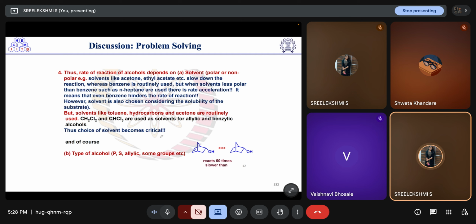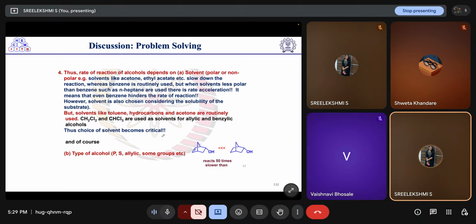So careful choice of the solvent is very important when using Fetizon's reagent. The compound should be soluble, but the solvent should not be very polar either. Some other solvents which are used are toluene, hydrocarbons, and acetone. Then dichloromethane and chloroform are used as solvents for allylic and benzylic alcohols. So the choice of solvents is very important.